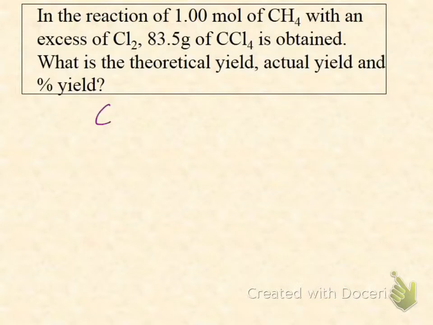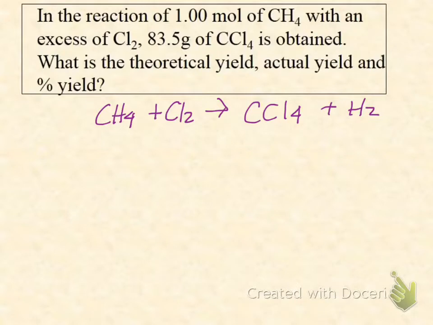We are reacting CH4 plus Cl2, and we are making CCl4. Where does the hydrogen go? Yeah, it's going to be released as a gas. So then we balance that, and we put 2 here and 2 here.